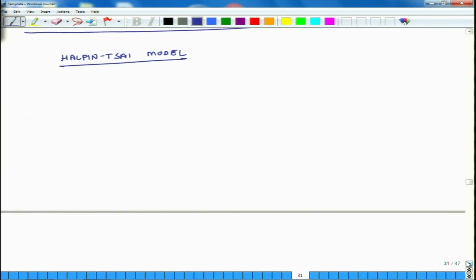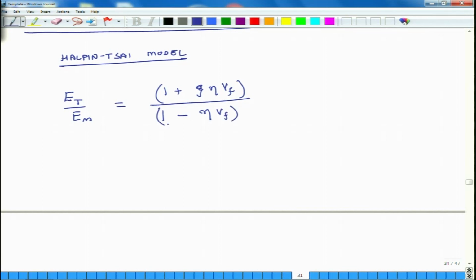So, I am going to just write down the result directly from there. So, if I have to compute transverse modulus of a unidirectional fibrous composite, then the relation for that using Halpin-Tsai relation is this: Et over Em equals 1 plus zeta eta times volume fraction of fiber, divided by 1 minus eta times Vf, which is again volume fraction of the fiber.